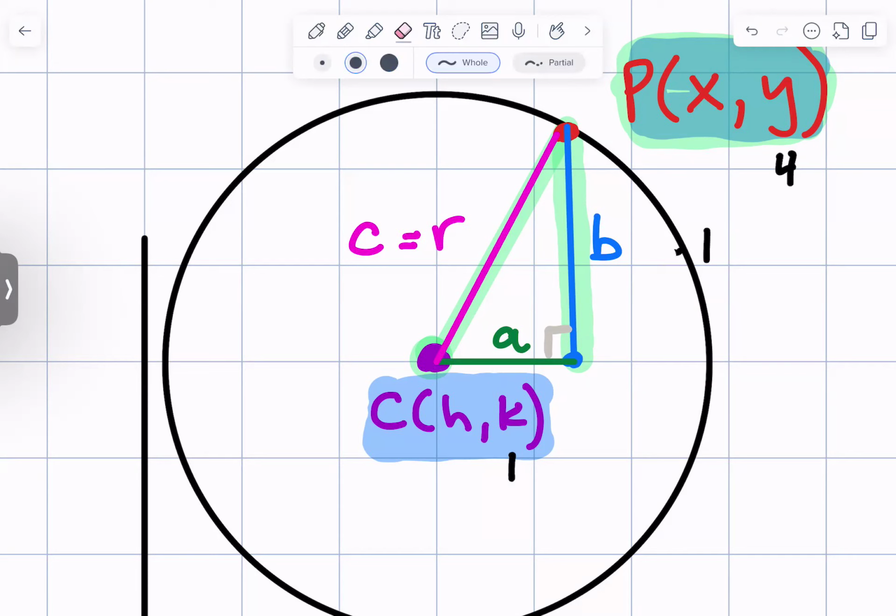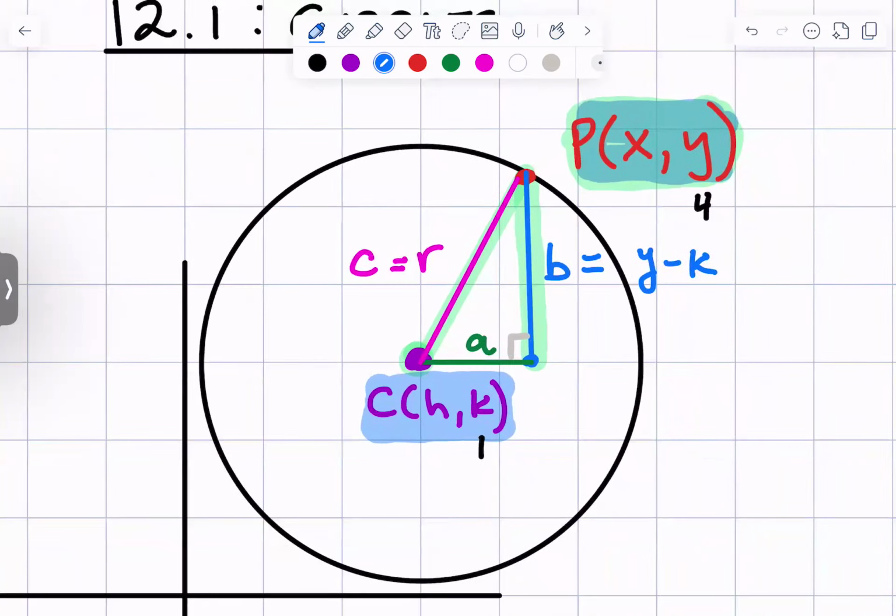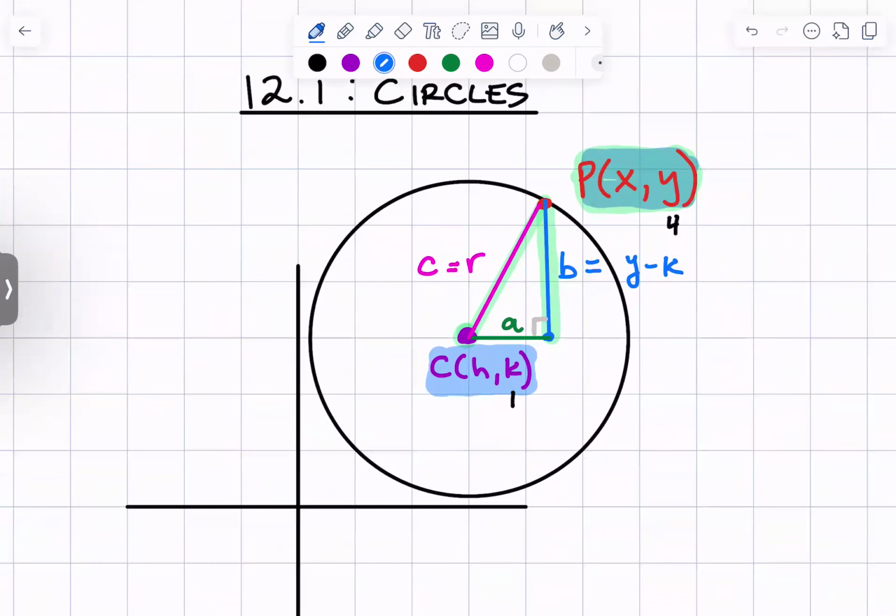Okay, so taking that and just applying my X and my Y and my H and my K, the B value now would become Y minus K, right? Doing the same thing for my A value would be X minus H. You guys see that?